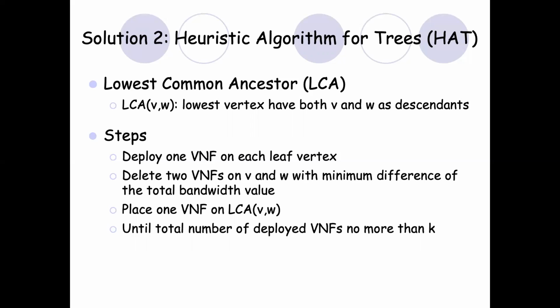For the details of the algorithm, we first deploy one middle box on each leaf vertex in the tree, and then we delete two middle boxes on V and W if they have the minimum difference of the total bandwidth value. And we place one middle box on their lowest common ancestor. We do this until we deploy all the K middle boxes.